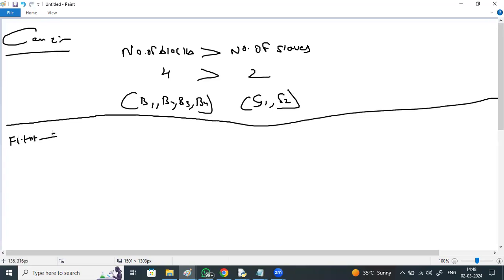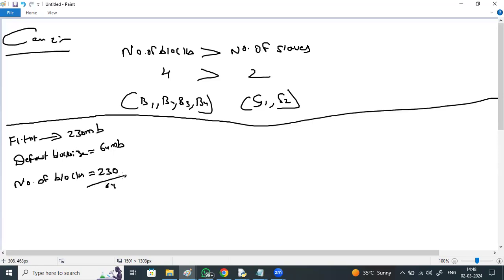F1.txt, assume 230 MB. Default block size 64 MB. Into how many blocks? 230 by 64.